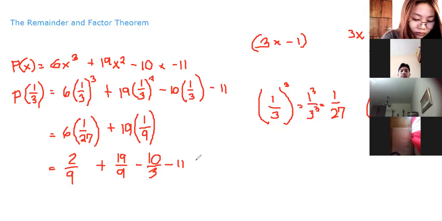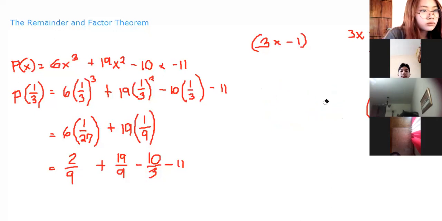Is that all? We are not going to add all of these unless they have the same denominator. So we need a common denominator. What could be the same denominator? Let's make all of the denominators 9. That's allowed.